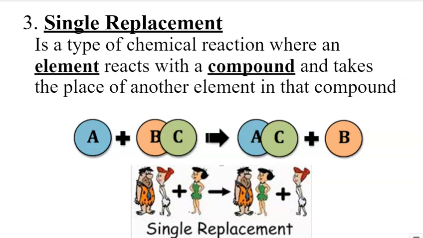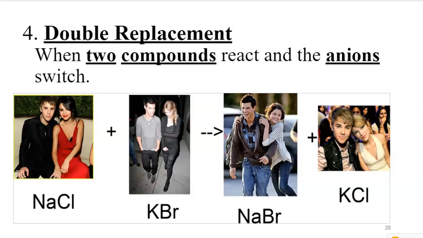This is different than the next type of reaction, which is called a double replacement reaction. Okay? In a double replacement reaction, this occurs when 2 compounds react and the anions switch, so the non-metals switch. So, in this one, we've got Justin Bieber and Selena Gomez plus Taylor Lautner and Taylor Swift. And then after this reaction has occurred, they've traded partners.